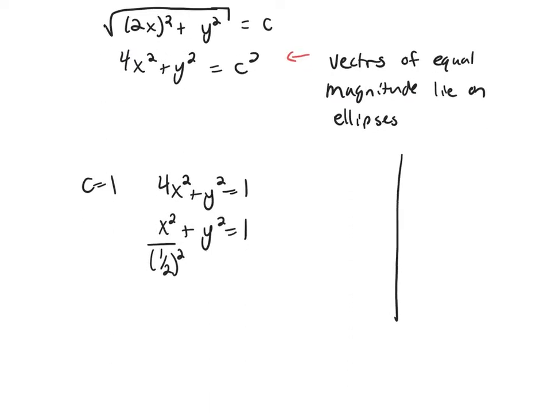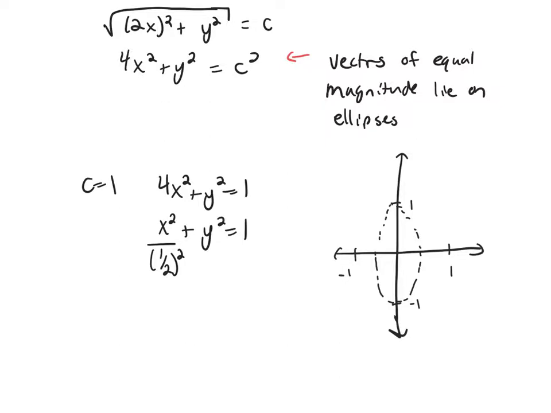So on x, I go out a distance from the origin of 1/2. And on y, I go out a distance of 1. So the ellipse that I'm getting looks something like this.